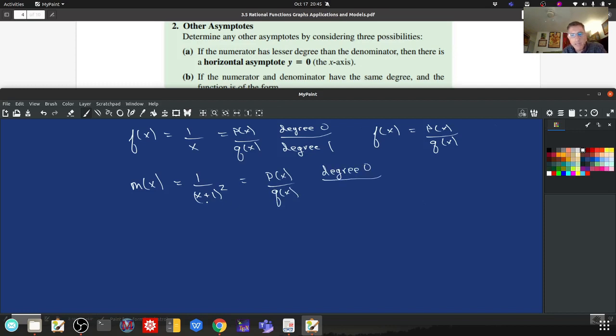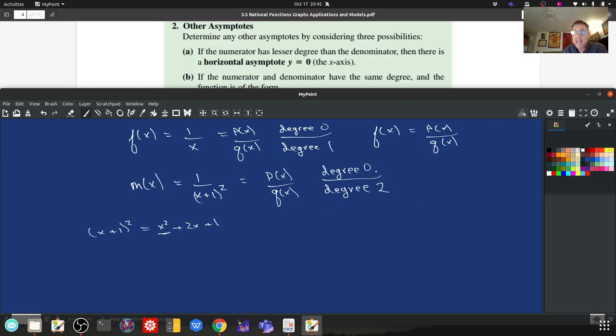What is the degree of q(x)? Well, we can see that (x plus 1) squared has degree 2. If you don't believe me, you can just expand (x plus 1) squared to get x squared plus 2x plus 1, which has degree 2.